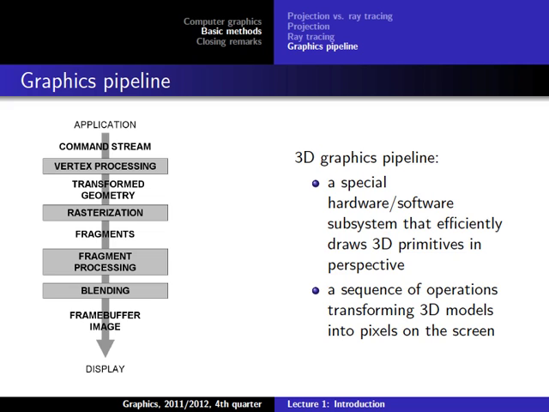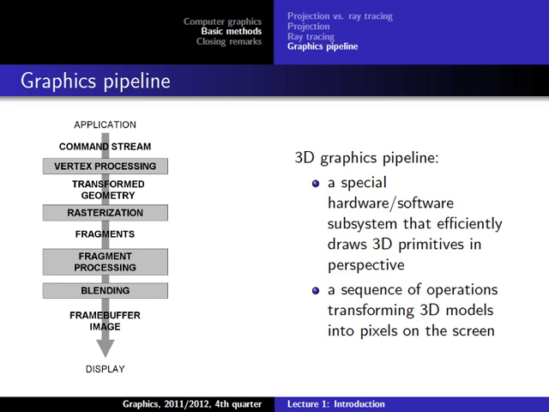For example, sometimes pipeline is used to describe the hardware realization of the graphics, because in a graphics processor you have certain functions that are optimized for graphics. But it can also describe a software implementation of it, or sometimes graphics pipeline is also used just to describe the higher level concept of it. But what is common to all of these is this notion of a pipeline.